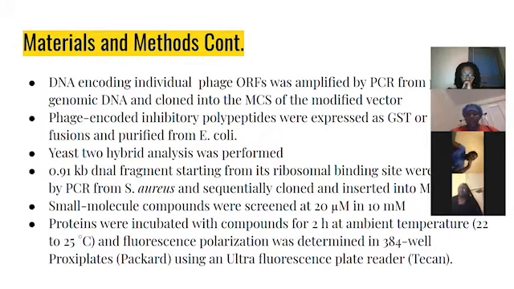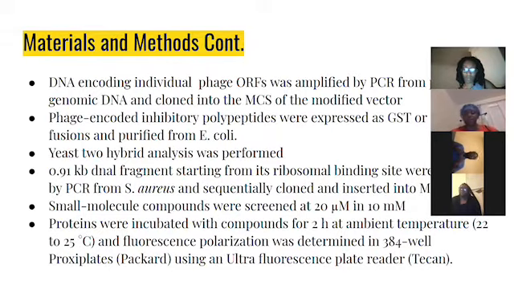0.91 kb DNA fragments starting from the ribosomal binding site were amplified by PCR from S. aureus and sequentially cloned and inserted into the MCS. The resultant plasmid, which contained two PCR fragments, was then used to transform the S. aureus strain to allow homologous recombination.